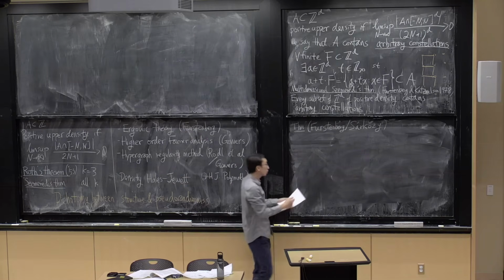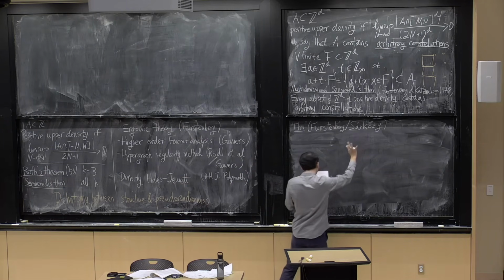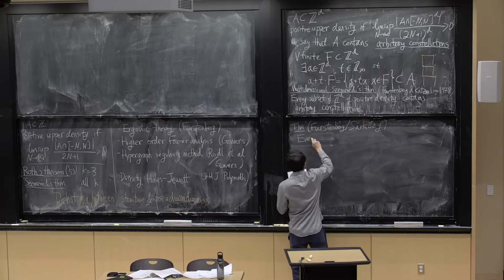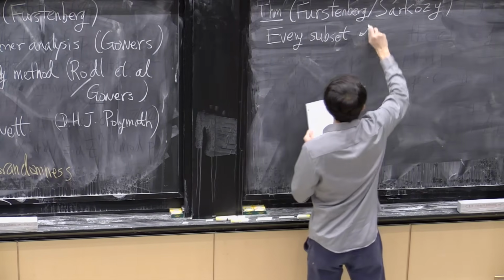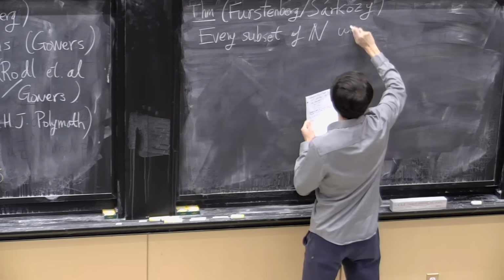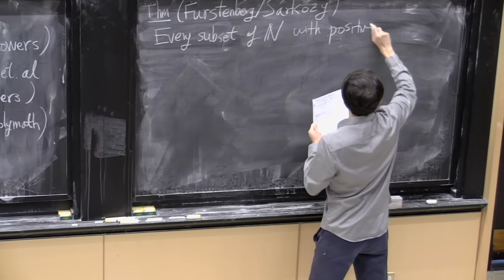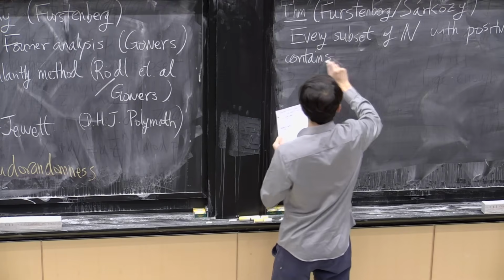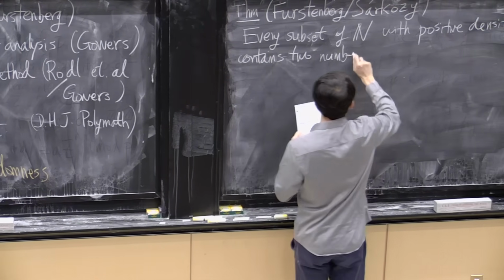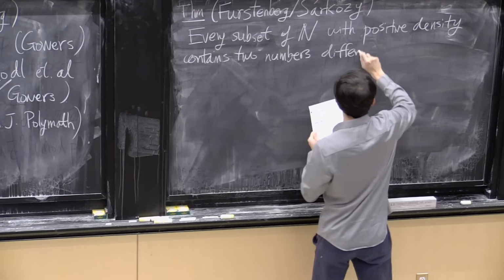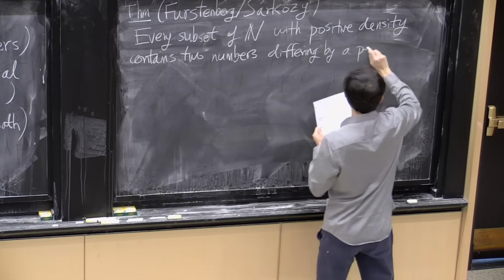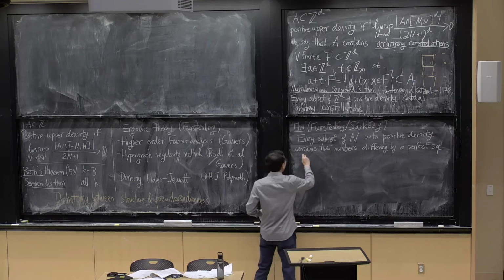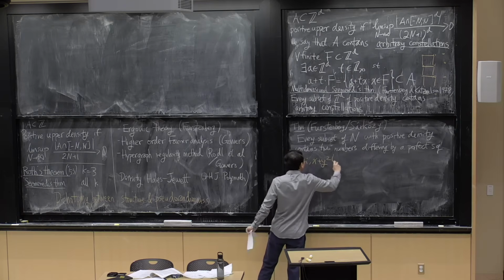They showed, using different methods, one ergodic theoretic and the other more harmonic analytic, that every subset of positive integers with positive density contains two numbers differing by a perfect square. In other words, we can always find the pattern x, x plus y squared.